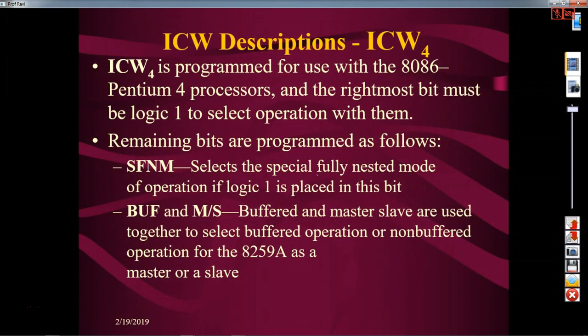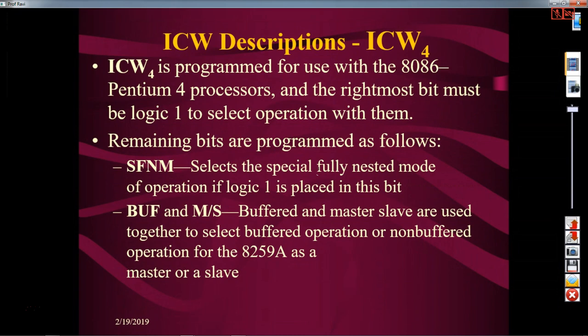To Pentium 4 processors, when you are designing your computers based on this. And the rightmost bit must be logic 1 to select operation with them. In ICW4, the last bit should be 1, indicating that it is working with 8086 to Pentium. And the remaining bits are programmed as follows.